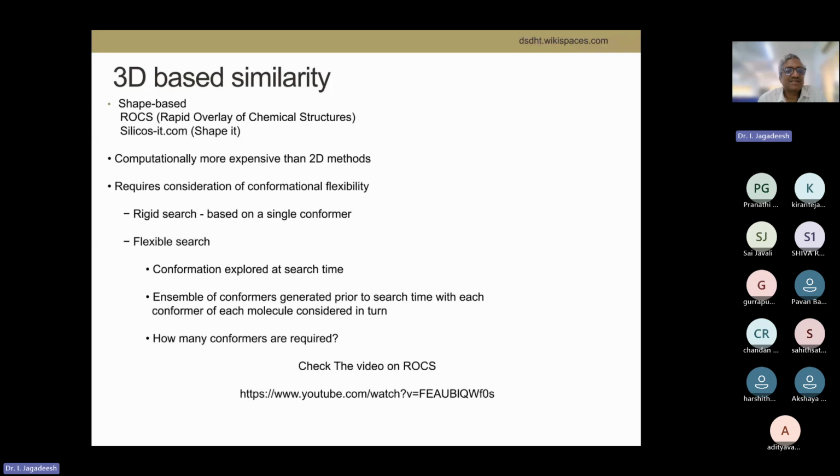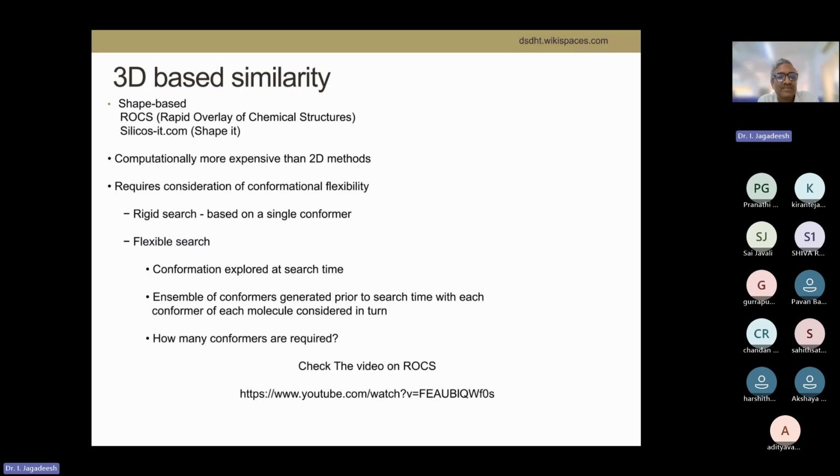The other one, which is nearer to reality, is the flexible search. The conformations are explored at search time, where we are going to rotate at multiple angles, and these angles give different conformations based on the number of rotations and the angle you are rotating.